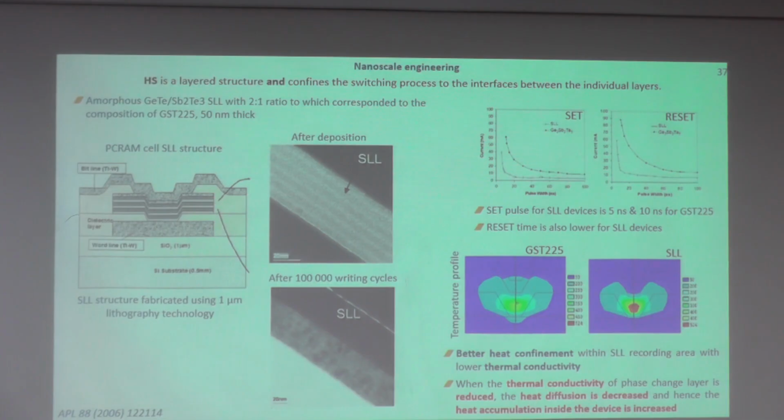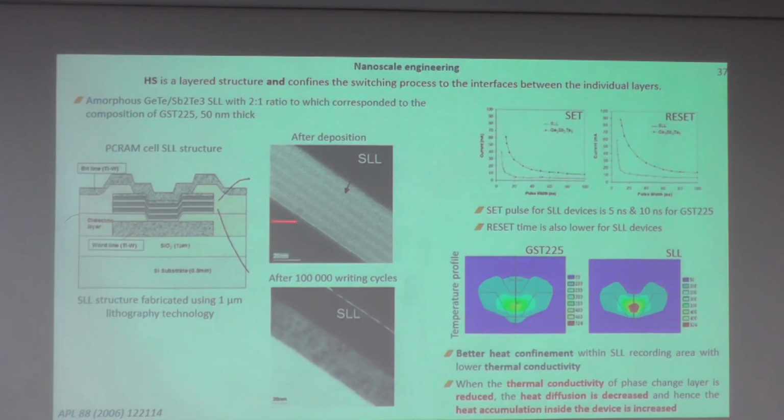They also use superlattices. This is in the topic of nanoscale engineering. If you produce a superlattice structure consisting of germanium telluride and antimony telluride layers, and integrate it into the PCM device, then you can also get much faster set pulses, in the range of 5 nanoseconds.